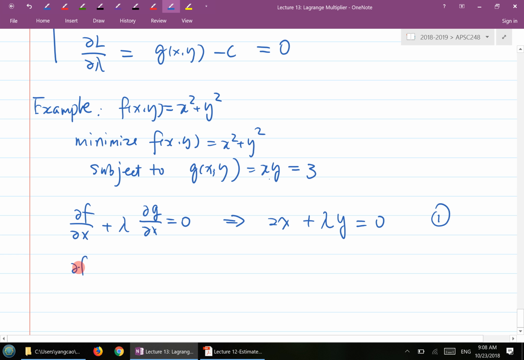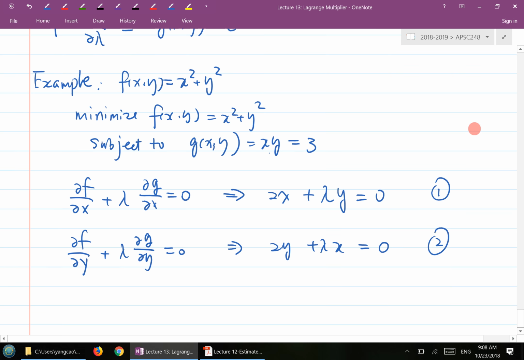And then partial f over partial y is 2y plus lambda times x equal to 0. So that's the second equation. And the third equation is the constraint, so xy equal to 3. There. So three equations, three unknowns, and we'll try to solve it now.